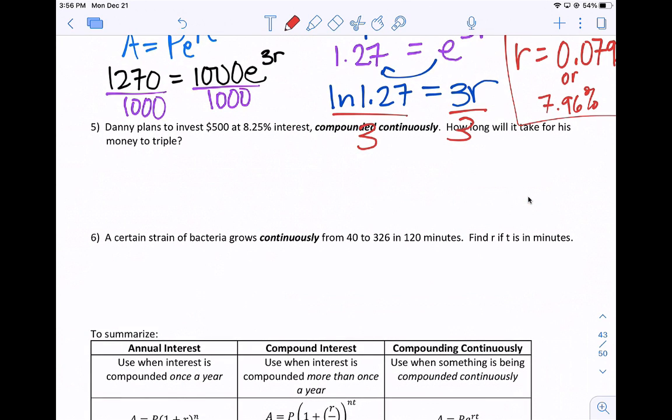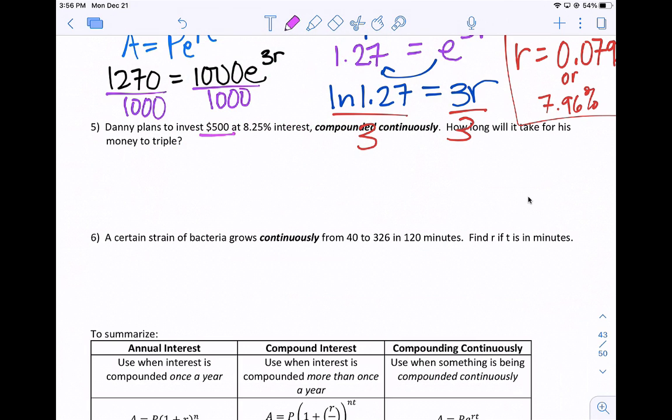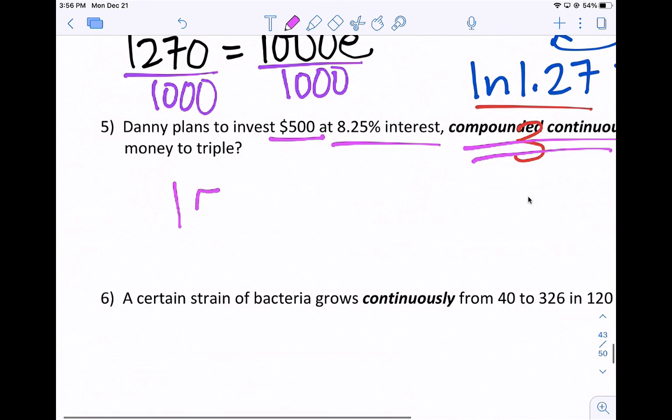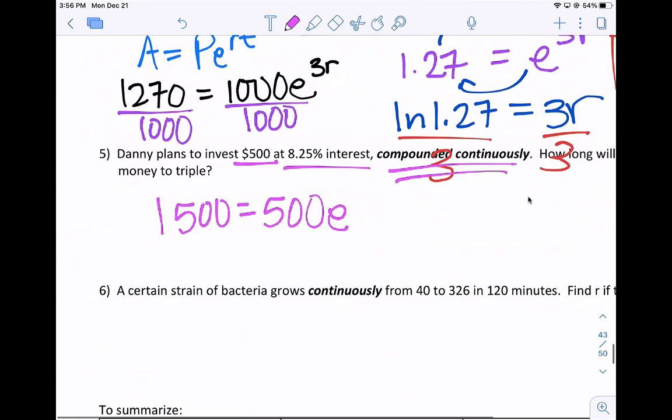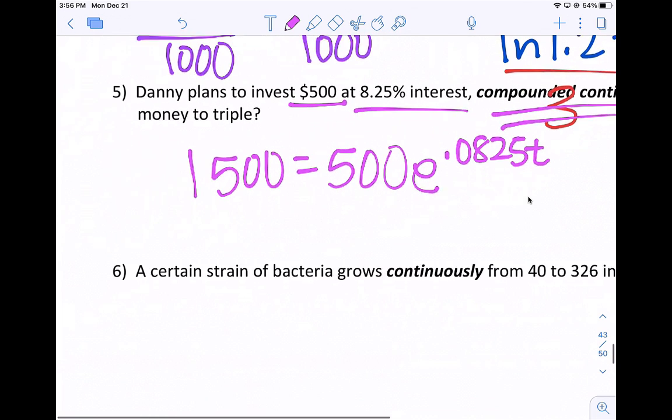Okay, Danny plans to invest $500 at 8.25% interest compounded continuously. How long will it take for his money to triple? All right, so if we triple 500, we get 1,500. It's growing continuously, so e to the, we know the rate, 0.0825. We don't know time, so t.